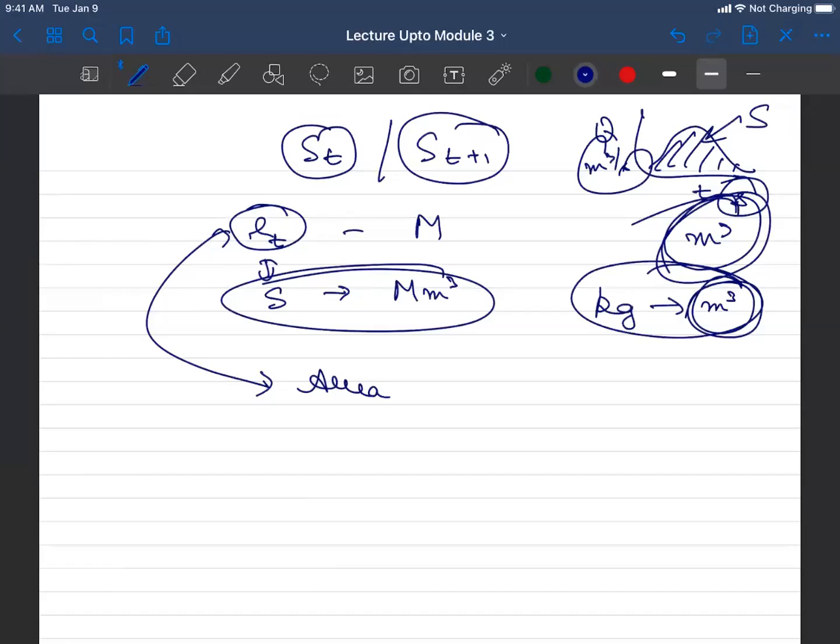In hydrology, it was easy for us. Let us assume that the width of a channel is 1 meter, or the area of a watershed is equal to 1 meter square, because there we do not have heterogeneous quantities. Basically, we say, okay, if we know this, we multiply it by area and we get our volume. But here our users are into the picture, who are using water in liter per capita per day.